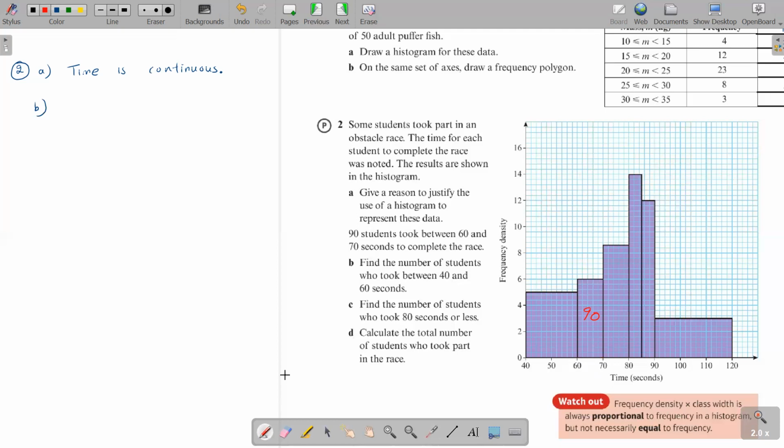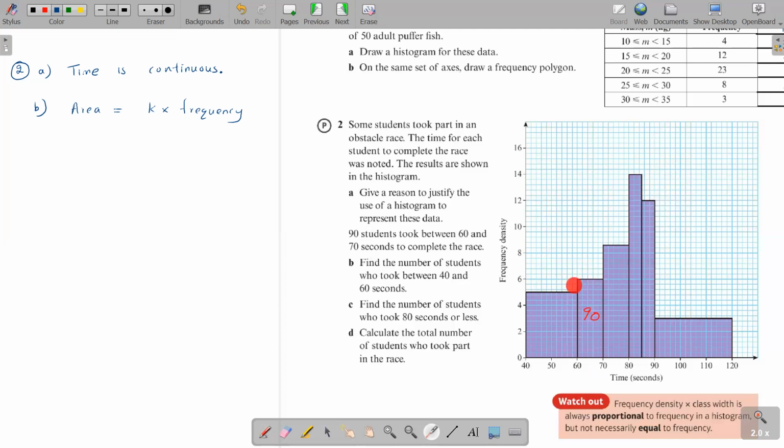So how do we do this? You can go for area equals K times frequency. We'll go with the bar that we know, the one with 60 to 70.